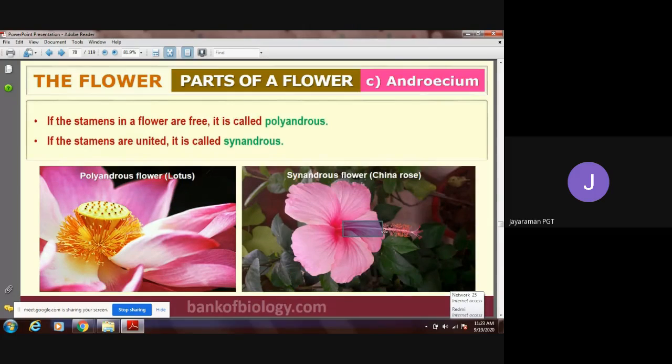What is a staminal tube? Actually, a staminal tube is a collection of stamens, the united stamens, especially the filament part of the stamens united. So this is known as synandrous. Synandrous stamens means united stamens.